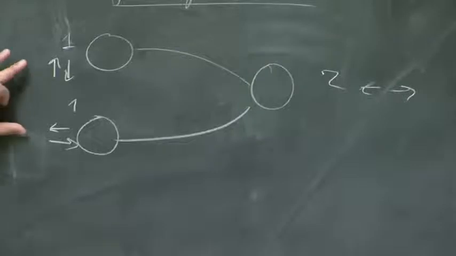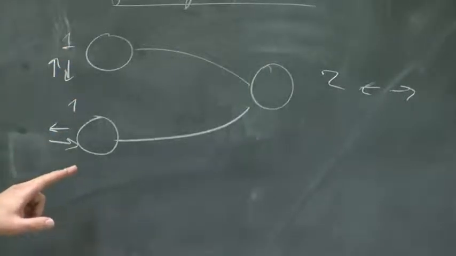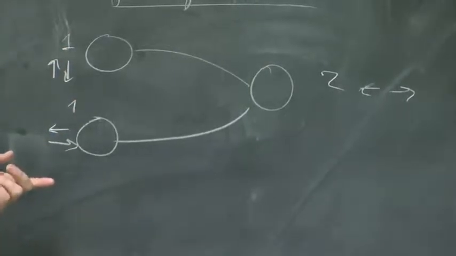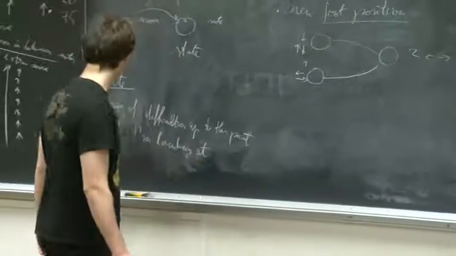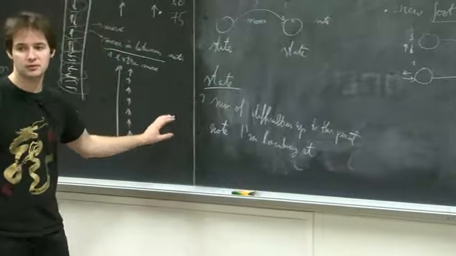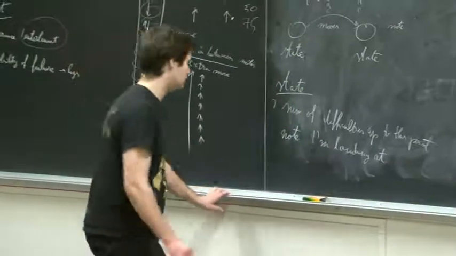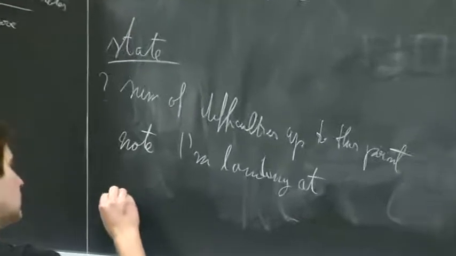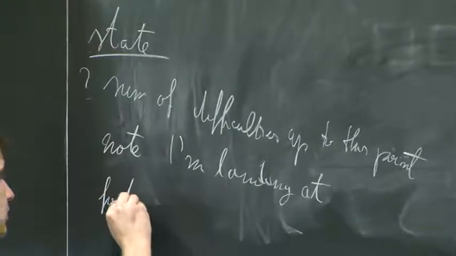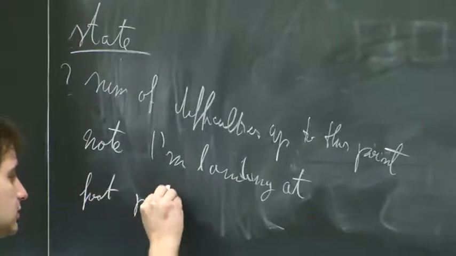I need to know where my foot position was to choose between these, right? If I don't know that, then I can't choose. Was not part of your state though? Not yet. It's not here, so it's not part of my state. We've been talking about it a lot, but we didn't put it here. So let's say that the state is going to have the node that I'm landing at and my foot position after landing.